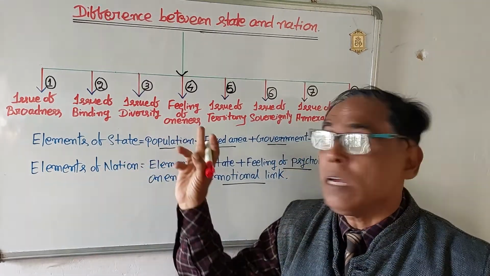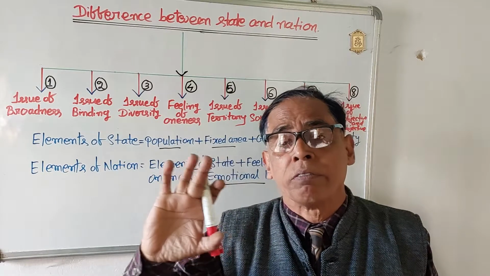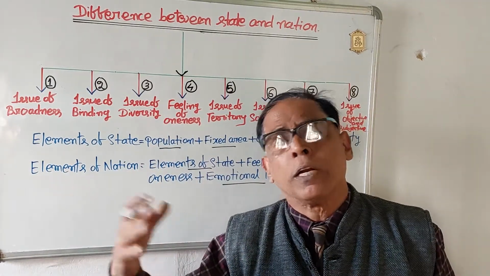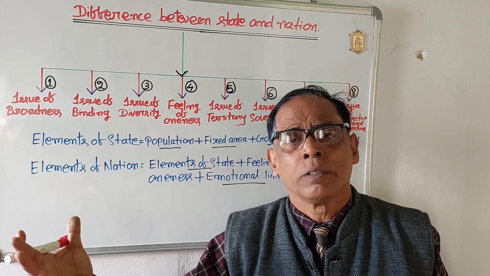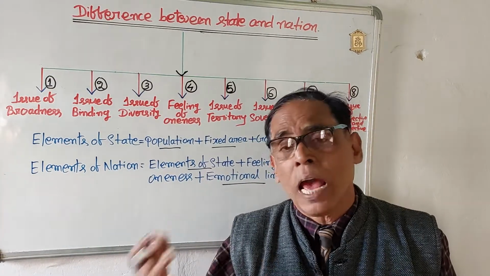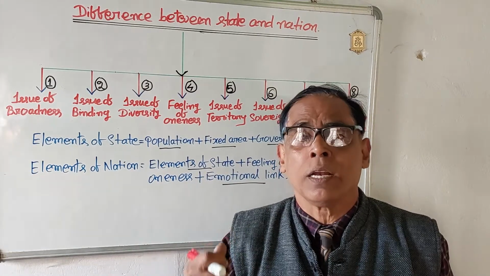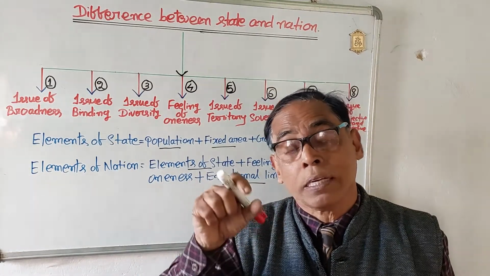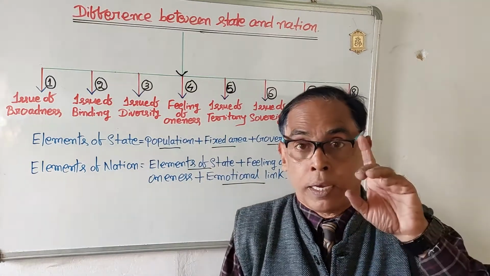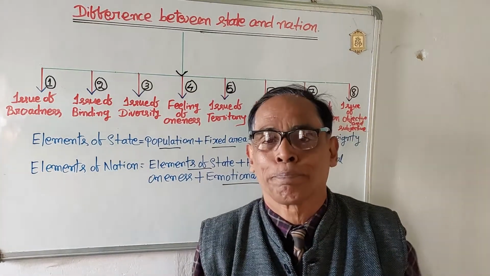But a feeling of oneness is not observed in the state. State consists of different groups. They do not have emotional attachment. They do not have emotional link. But they can form a state. But without feeling of oneness, a nation will be a dream.